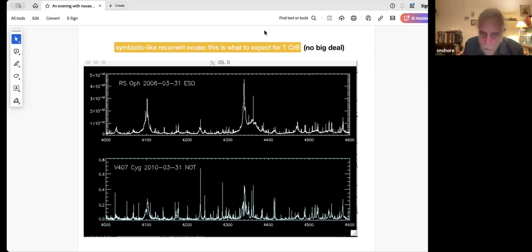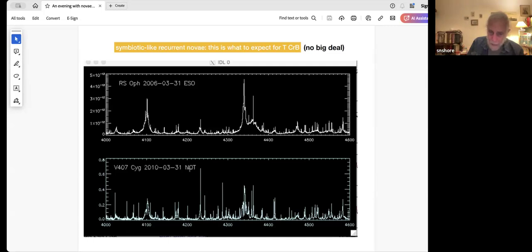There are two components in this spectrum. These broad lines are from, in this case, H delta, H gamma, and also helium, iron, and hydrogen. Every broad line here has widths of hundreds to 1,000 kilometers per second.